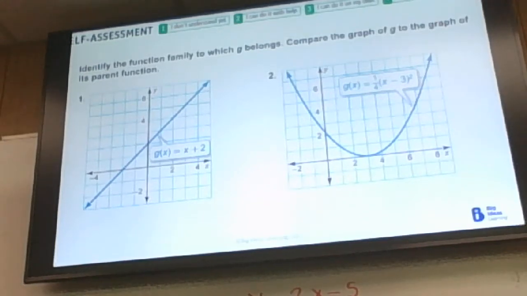And then the quadratic one, it has a horizontal translation of 3. Why 3? It starts off right.